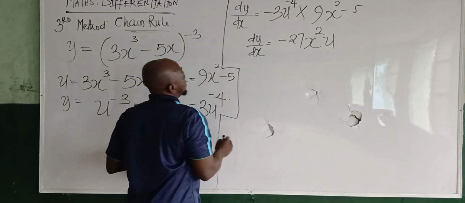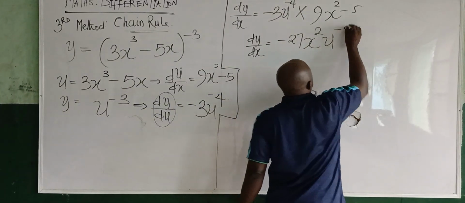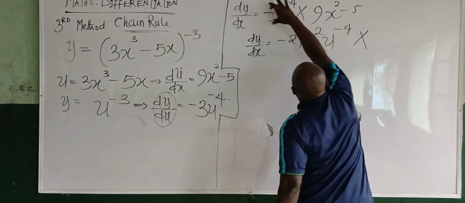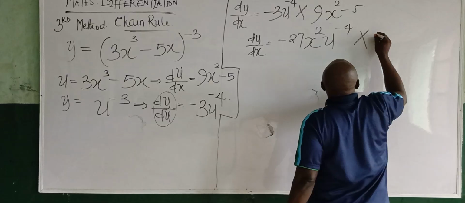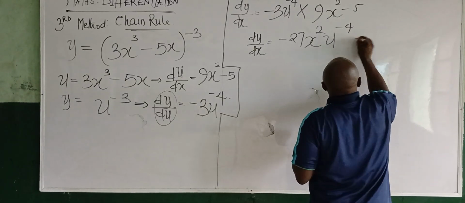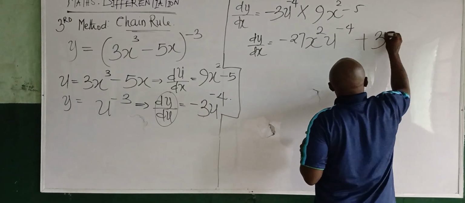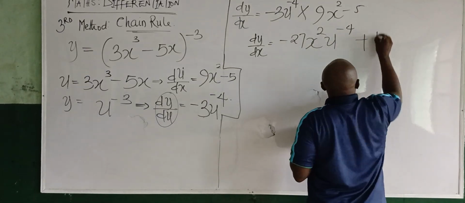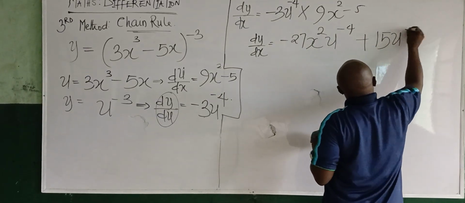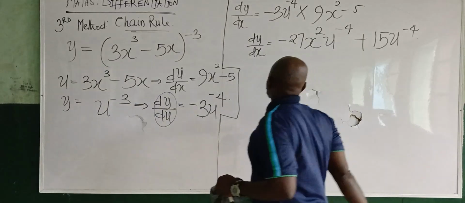U raised to the power of minus 4, please. Next, all of this times minus 5 here. I'm going to have plus, please. Plus 15. I'm multiplying this times this one. I'm having 15 u raised to the power of minus 4. This is what I'm having here.